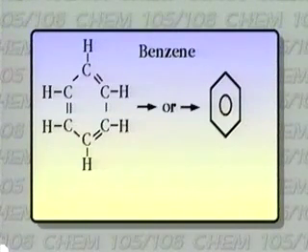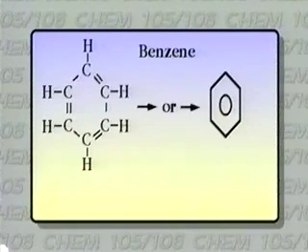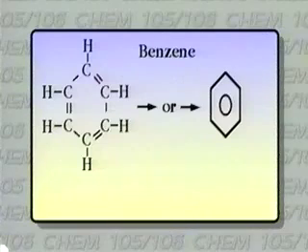Each carbon has 4 bonds to it, so it's satisfying the octet of electrons that we talked about in the chapter on chemical bonding. But rather than writing it out this way each time, it's typically written in this form here, just the hexagon with a circle in the middle, which is representative of the benzene molecule.